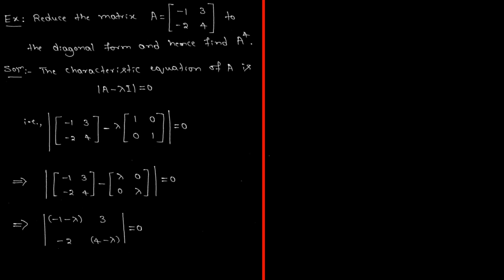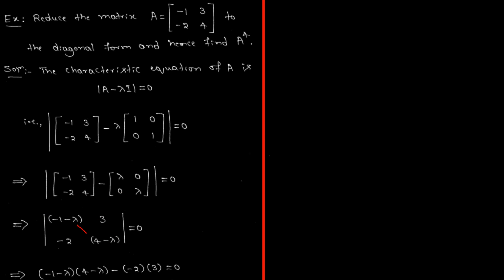What we get? Minus 1 minus lambda will be one entry. Then 3 minus 0, which is 3 itself, is the other entry. Minus 2 minus 0 is minus 2. Then 4 minus lambda. Now let us evaluate this determinant. How do we evaluate?